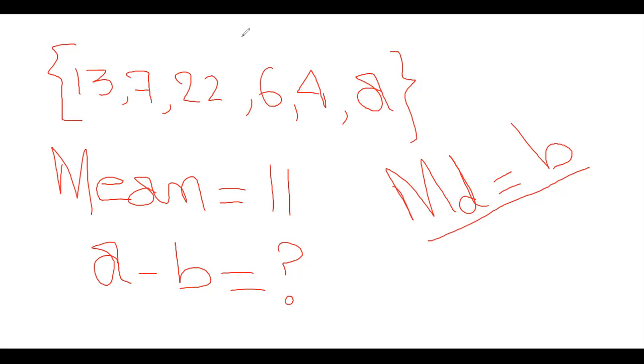That is 10, so B is 10. Then A minus B is so simple. You have the value of A, that is 14, and the value of the median, that is 10. Good, well done.